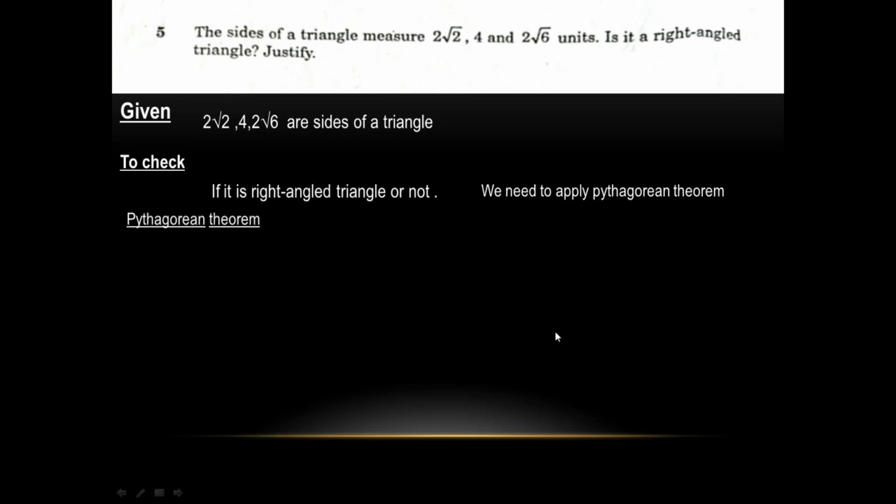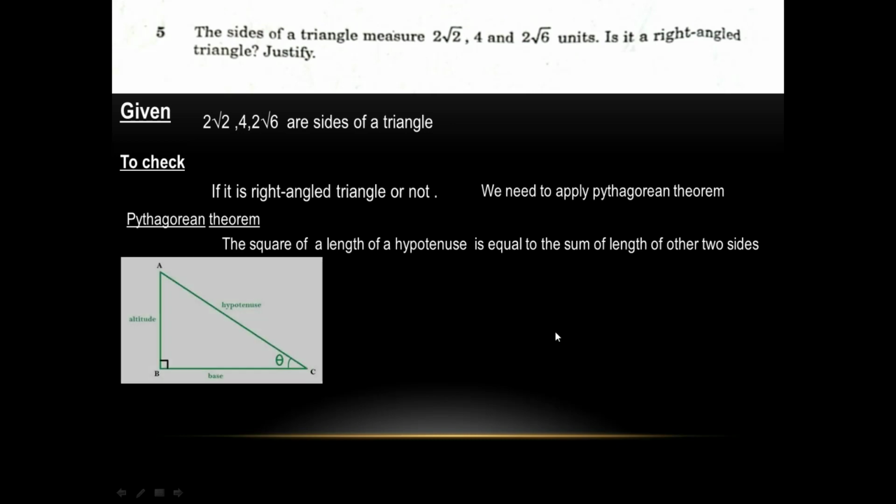So what is the Pythagorean theorem? The square of the length of the hypotenuse is equal to the sum of the squares of the other two sides. In this image we can see this is the base, this is the altitude and this is the hypotenuse.